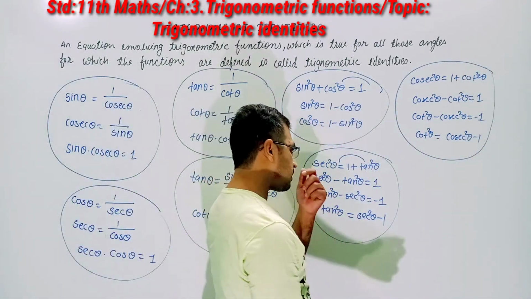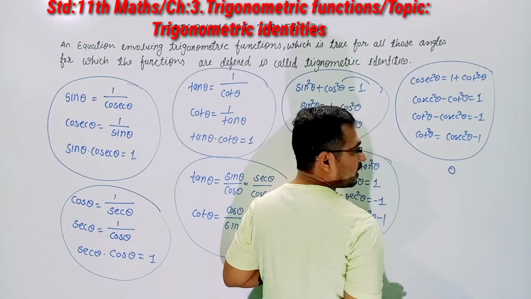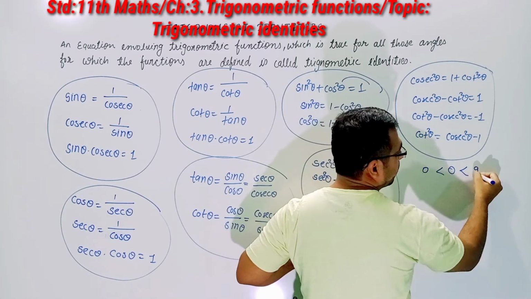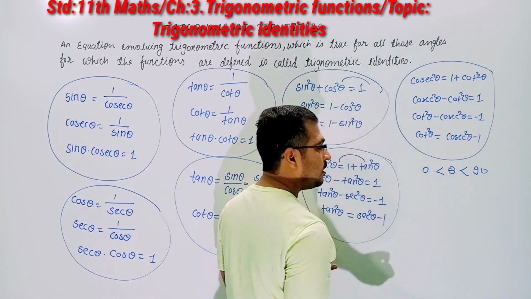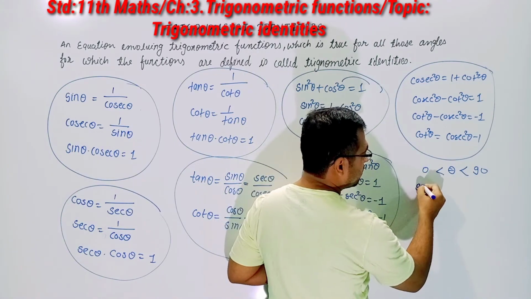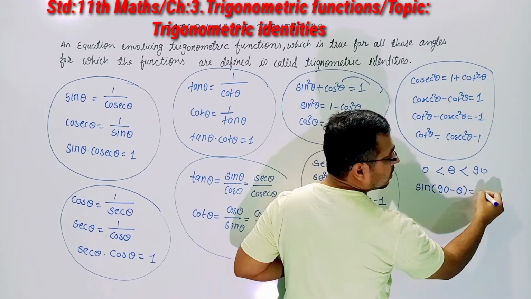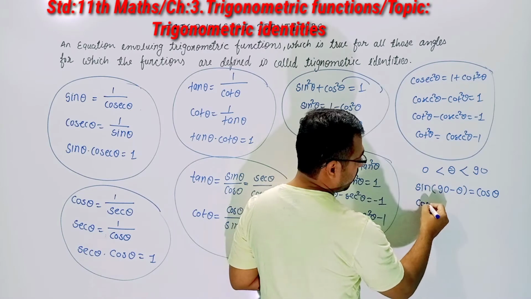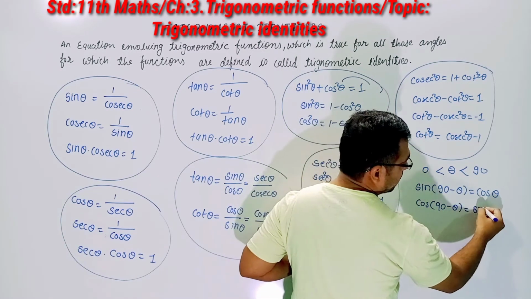Right students? And we have studied that if angle theta lies between 0 and 90, sine of 90 minus theta is cos theta, and cos of 90 minus theta is sin theta.